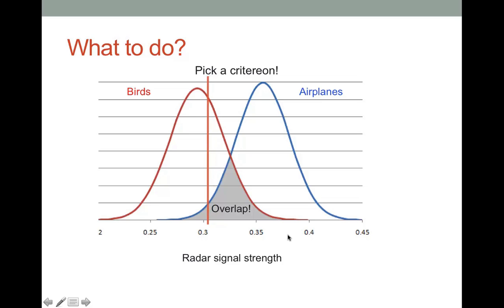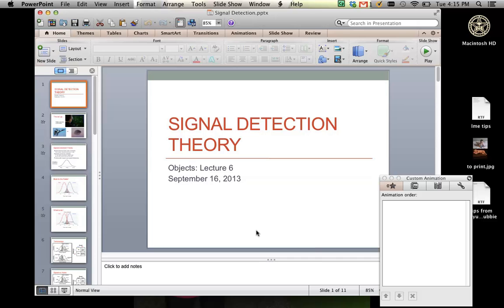And similarly, I could have a conservative criterion where I'm not willing to call it an airplane unless it's above 0.35 or something like that. And I'm not going to call very many things airplanes. I have to be convinced that it is an airplane before I will call it that.